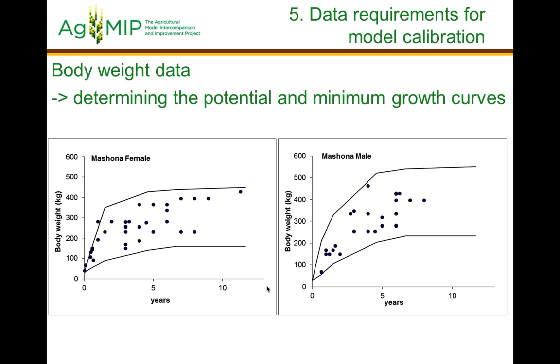We have ongoing work for small ruminants, but I don't think we are confident enough about the model that it is ready for use already now in the second phase of AgMIP. Perhaps if we continue in the future, a small ruminant version of the model will be ready.